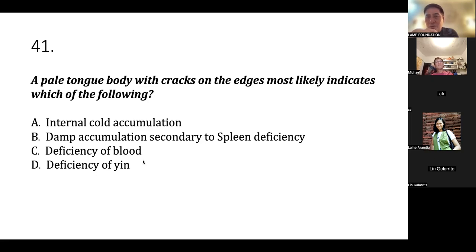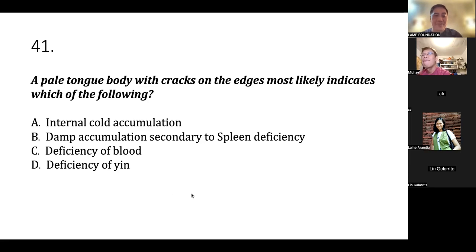Very good. What about yin deficiency? Pwedeng pale, pwedeng red. Anong kulay ng coating? Absent, no coating po pag yin deficiency. Budol proof na talaga.